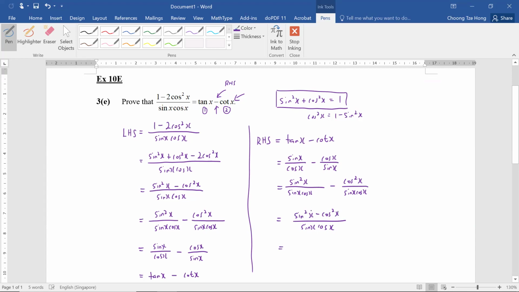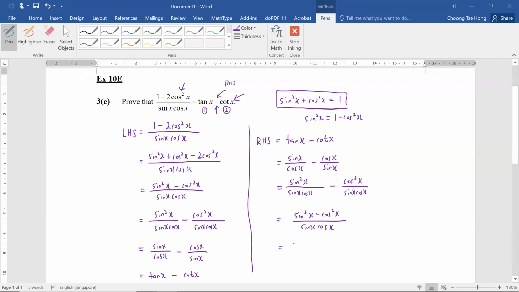Then basically what we need to do is look at over here, it's only in terms of cosine, so we want to sub away the sine square x. So we'll start from this identity again: sine square x plus cosine square x equals to 1. I'm going to bring the cosine square x over, so I get this. Then I'm going to replace it inside.